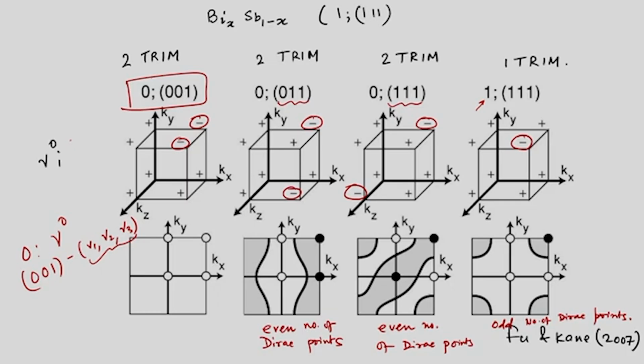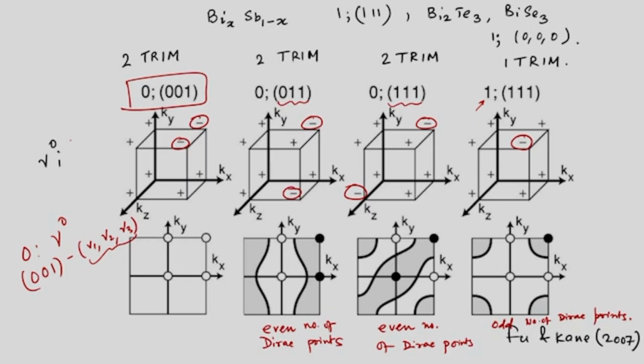Then the second generation of topological insulators such as Bi2Te3 and Bi2Se3, these are the second generation 3D topological insulators, and they have 1 and 0 0 0. So, the strong topological invariant is 1 and the 3 weak topological invariants are 0. These are the classifications of strong and weak topological insulator.